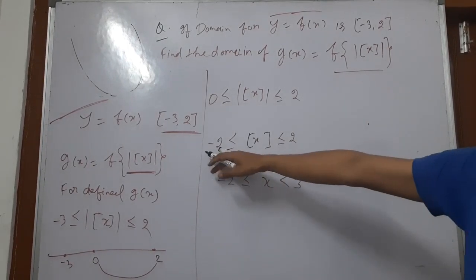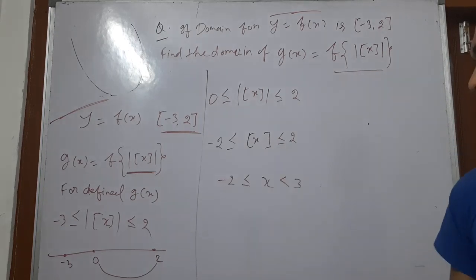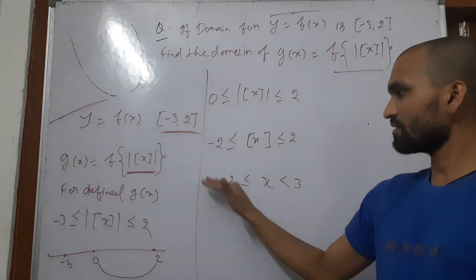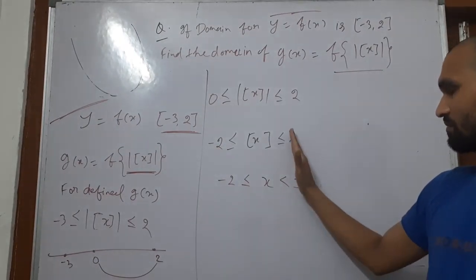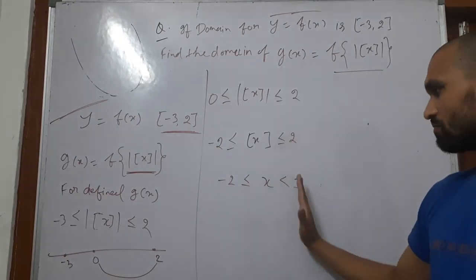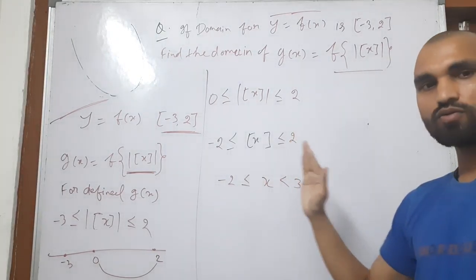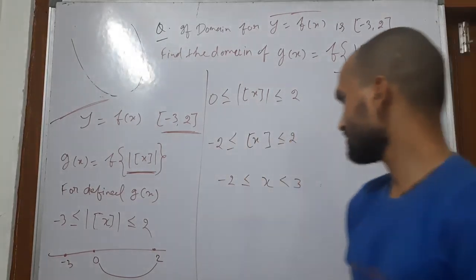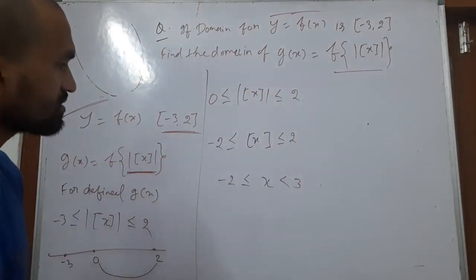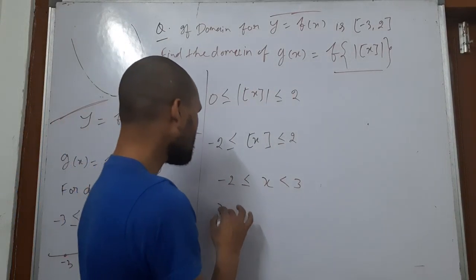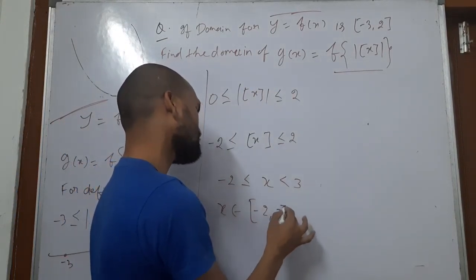For this region starting from minus 2, this condition will be satisfied, because the greatest integer should start from minus 2 and go up to 2, so all values before 3 will give greatest integer 2 or less. So x belongs to the closed interval minus 2 to open interval 3.